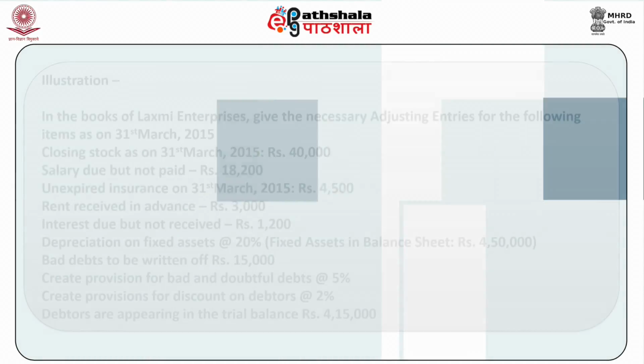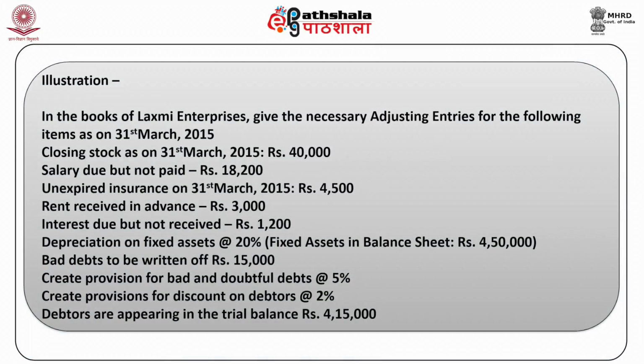Illustration: in the books of Lakshmi Enterprises, give the necessary adjusting entries for the following items as on 31st March 2015. A. Closing stock as on 31st March 2015, 40,000. Salary due but not paid, 18,200. Unexpired insurance on 31st March 2015, 4,500.